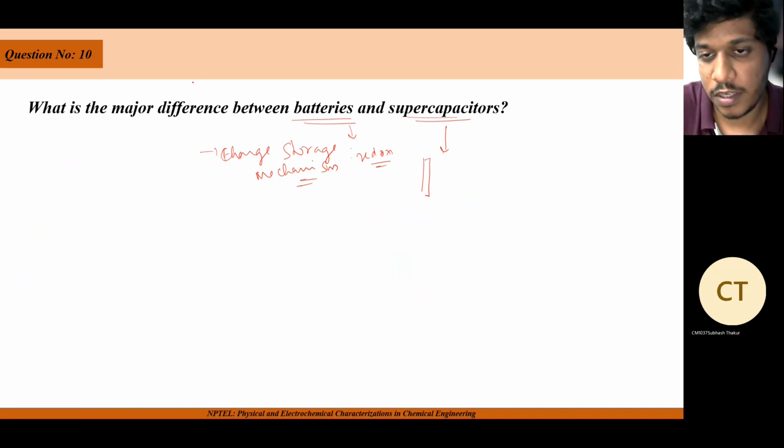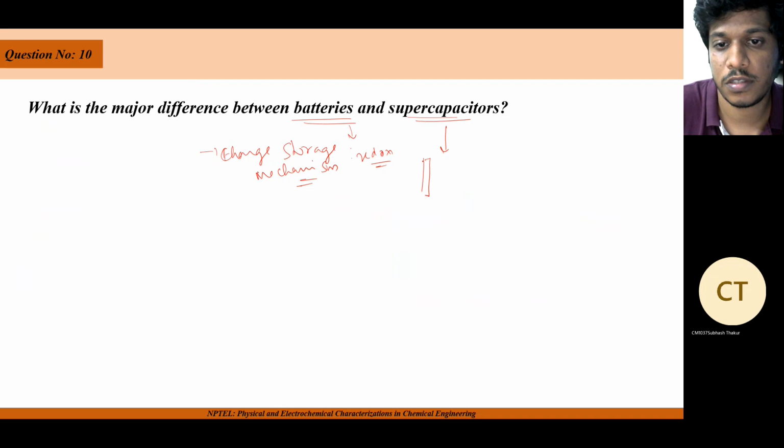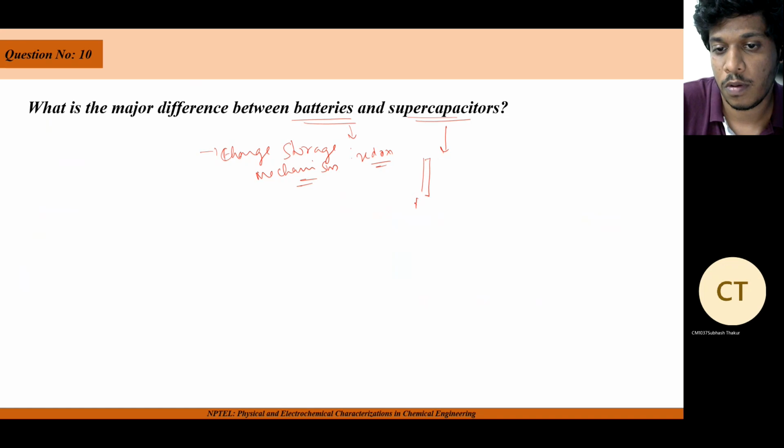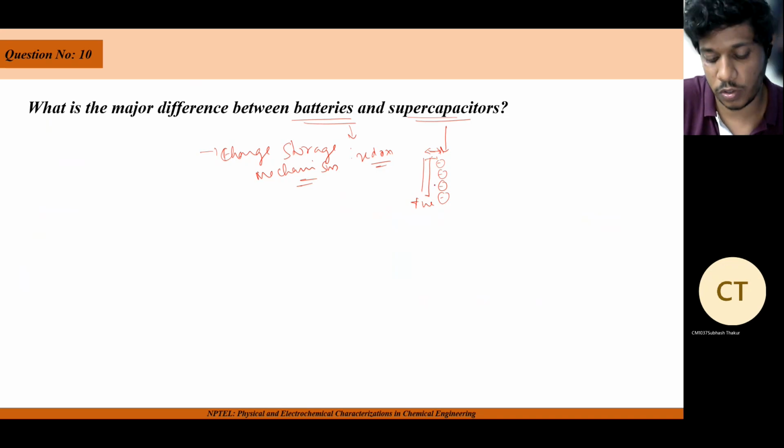In a supercapacitor, instead of storing the charge via redox reactions, if this is a positive electrode, the counter ions, the negative ions, would be arranged in a regular manner, and this separation of charges at a very small distance causes the charge storage.